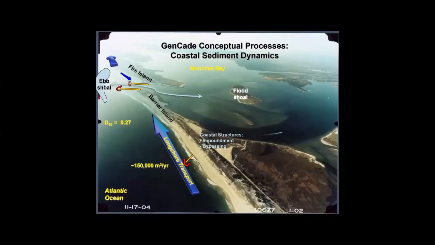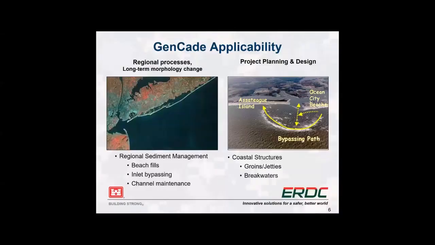Here's an overall view of the various processes that are included in GenCade. The basics of it are longshore transport. We can address groins, jetties, the shoaling at inlets, dredge events, and breakwaters.